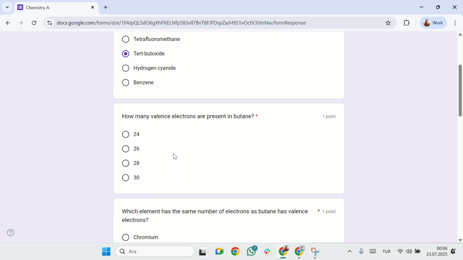How many valence electrons are present in butane? Oh, okay. How many carbons were there in butane? Let me think. Valence electrons, I know what this is, but butane.